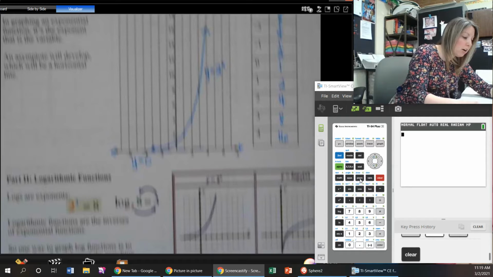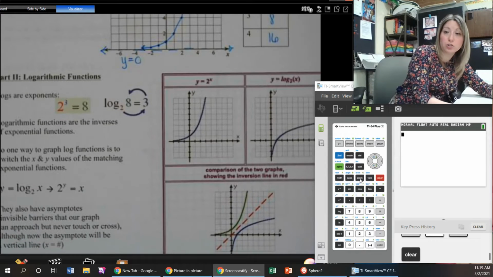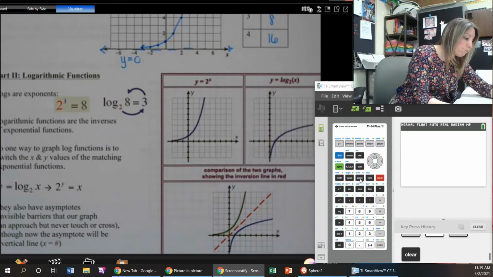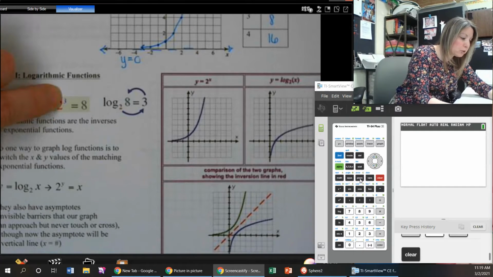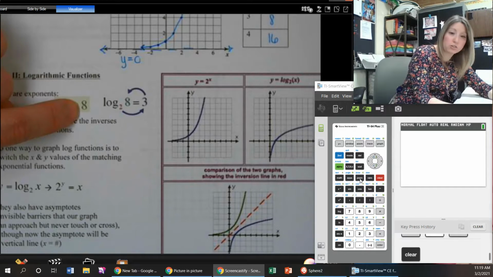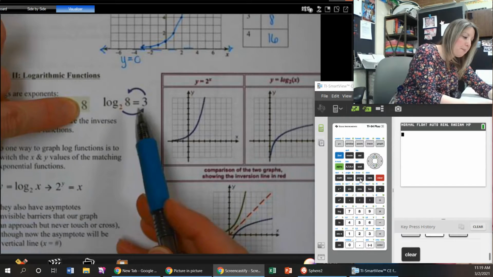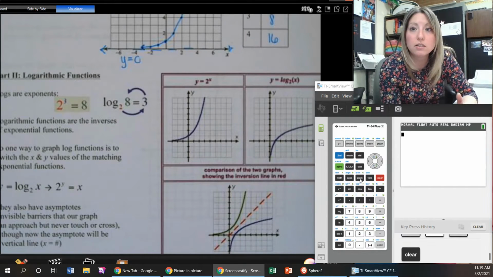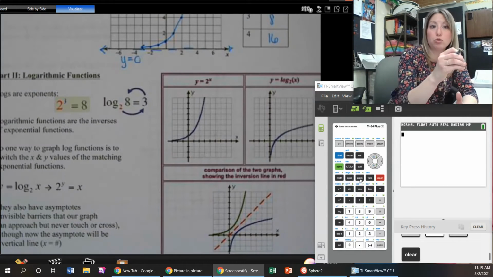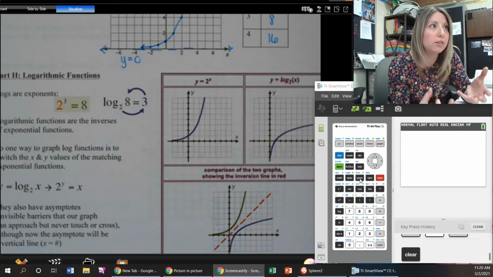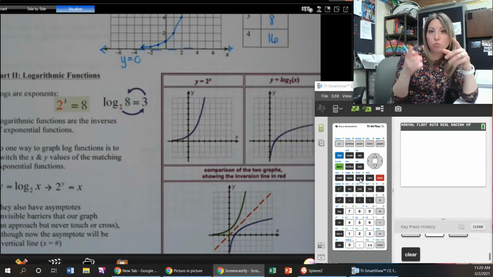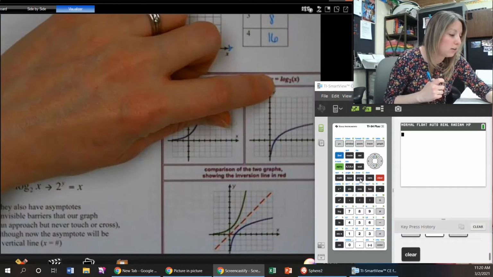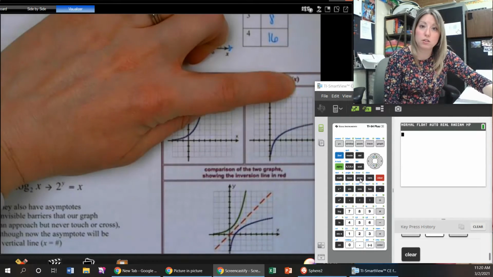The base was 2, the exponent was x, and the answer here was y. Well, that put a y here and an x here, and that's not something we're going to be able to graph, because we need y alone. So this inverse situation has occurred so that I can have y equals log base 2 of x.